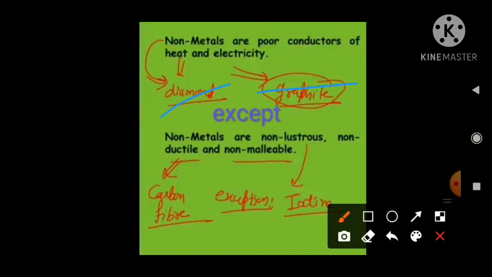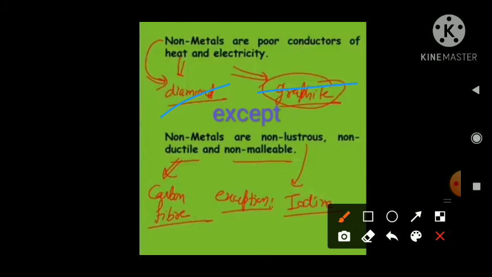We know that. Non-lustrous, but iodine is very lustrous. Iodine is violet in color, but it has a silver appearance on its surface. So except iodine, all non-metals are non-lustrous, and except carbon, all non-metals are non-ductile.